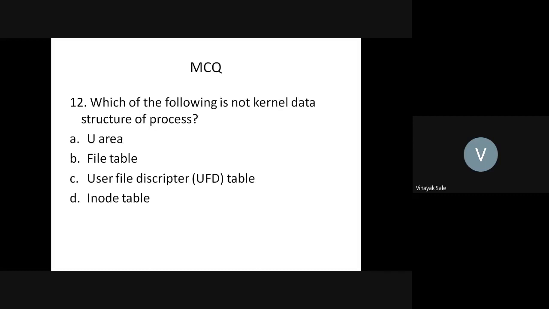Next, which of the following is not kernel data structure of a process? User area, file table, UFD table, inode table.